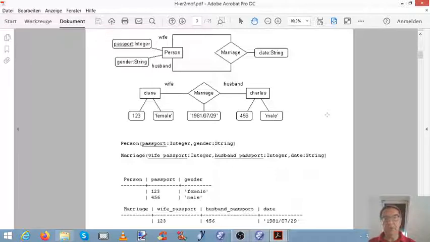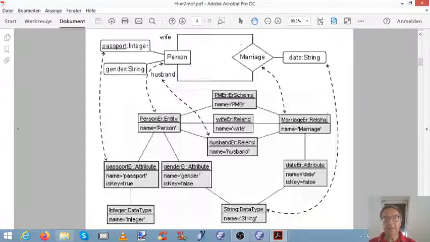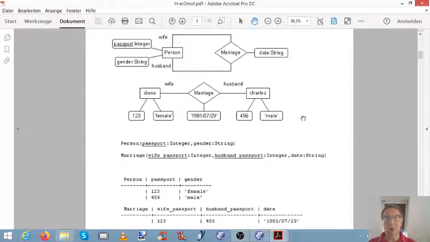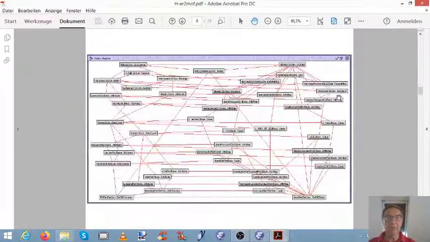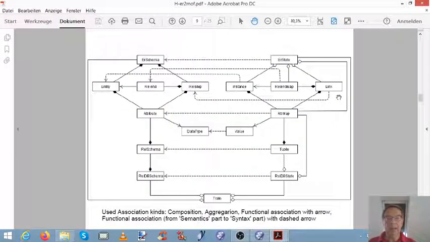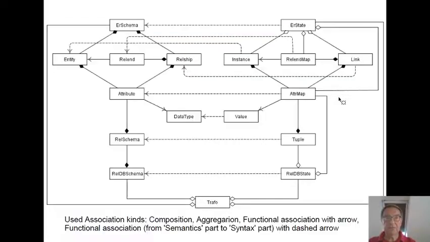And what we have been doing in this last part was basically all these 4 parts: entity relationship schema, relational database schema, entity relationship state, relational database state. We have been building a class diagram for this.